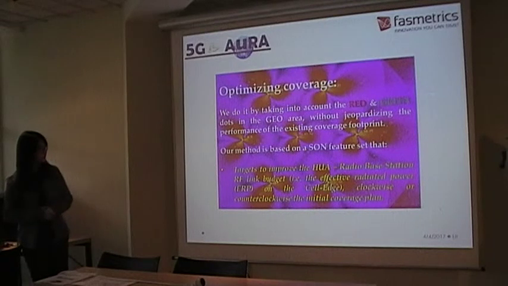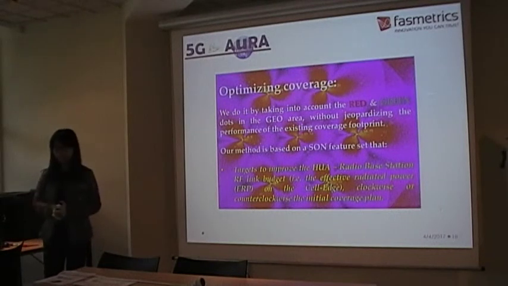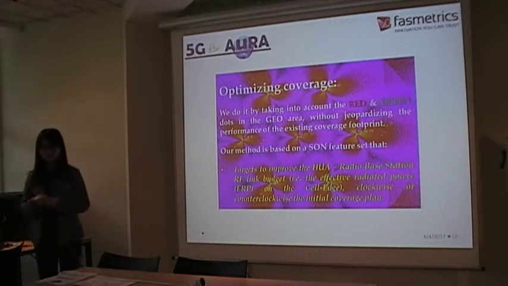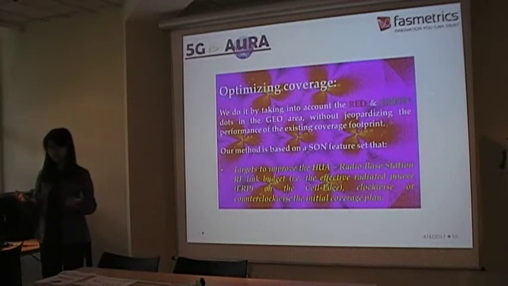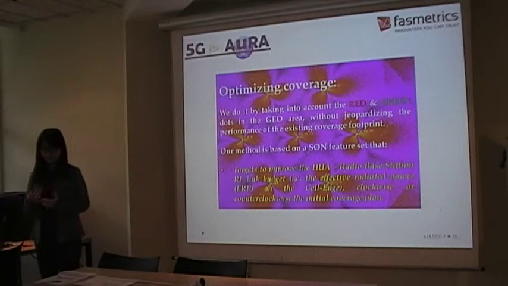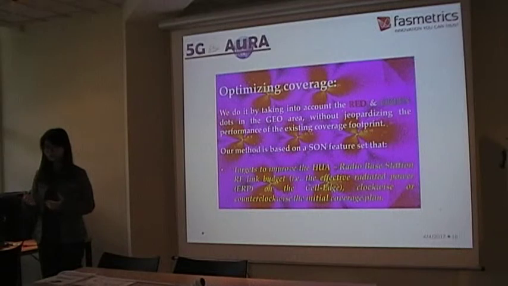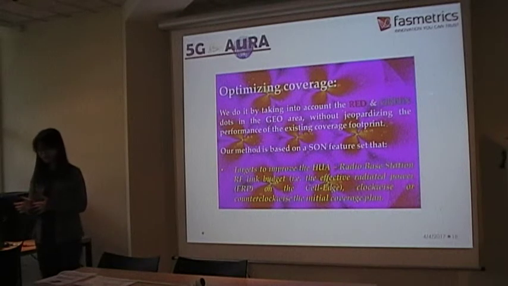So what we do here in real network systems is we take into account the user traffic information within the geographic area, and then we evaluate the performance of these users in these areas by steering the antenna azimuth clockwise or counterclockwise.